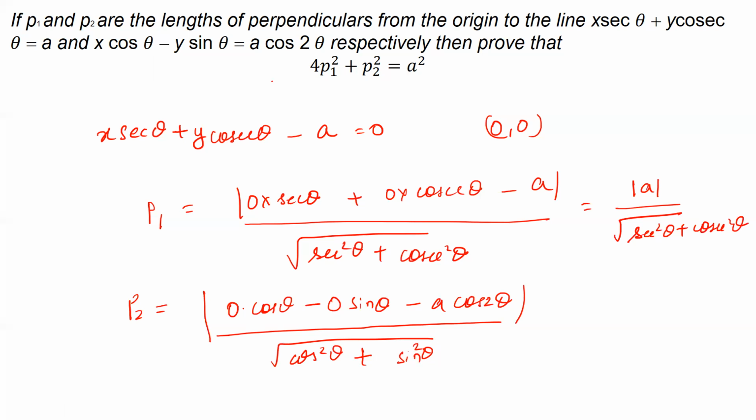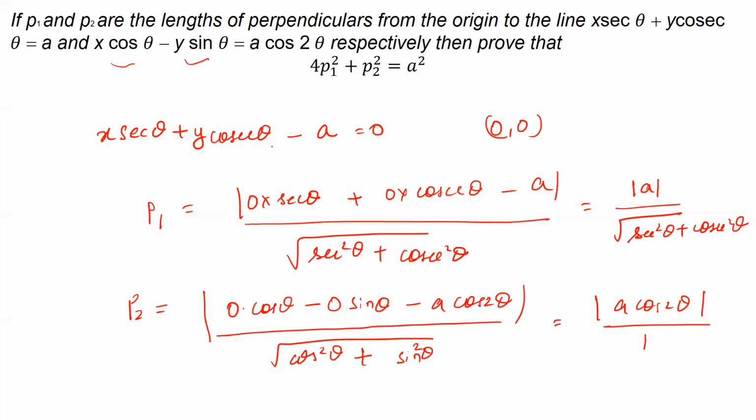So what I did was just find out the distance of this line from the origin. Just putting down 0 and 0 in place of x and y, and minus a cos 2 theta remains as it is, and then divide by cos squared theta plus sine squared theta. Okay, so this gives me mod a cos 2 theta divided by 1, because sine squared theta plus cos squared theta is actually equal to 1.